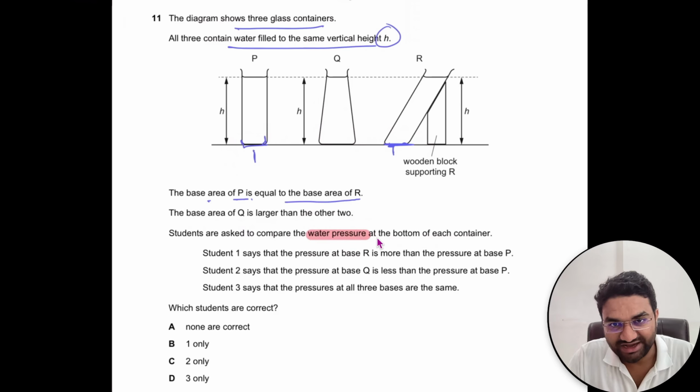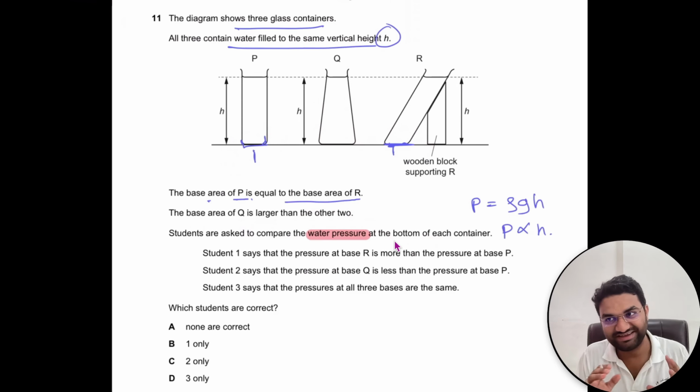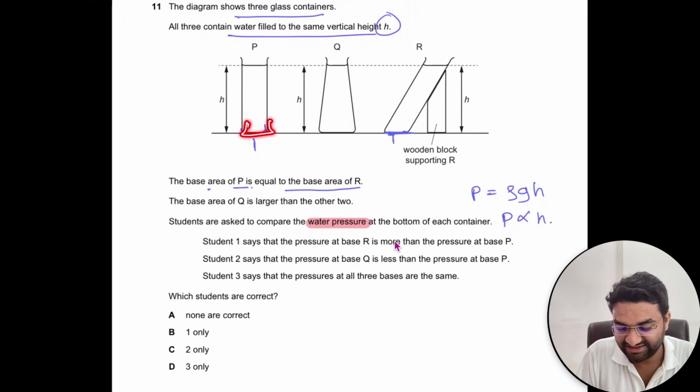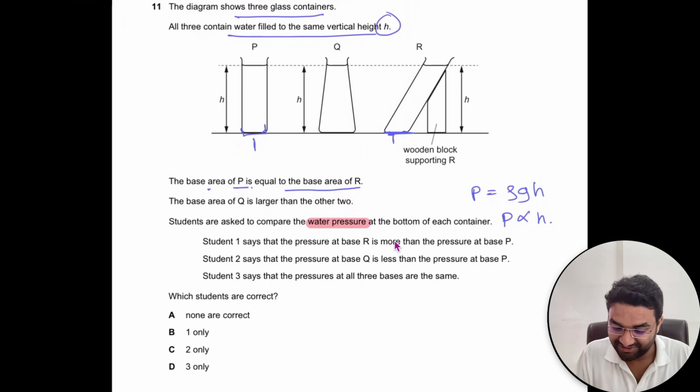Getting it? Now, if you look at this one, what's the pressure formula we have? P is equal to rho g h. Now, P is directly proportional to h, isn't it? Then, does this have anything to do with the base? Answer straight away, no. All right. So now look at what student one says. Student one says that the pressure at the base of R is more than the pressure at the base of P. Does it make sense?